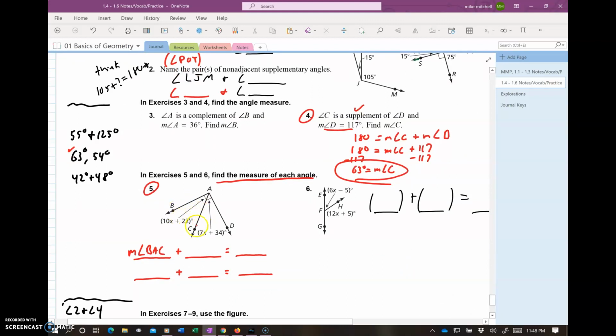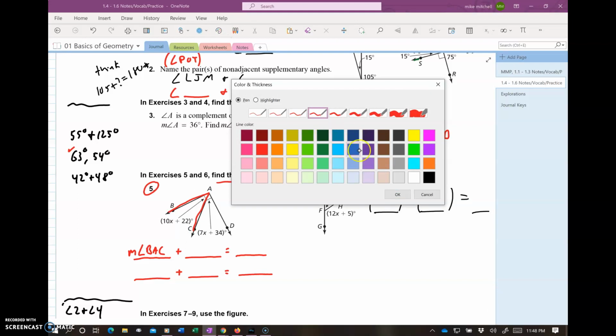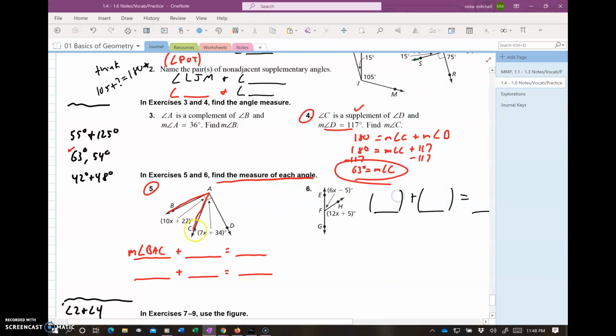Number 5 here. Measure of angle BAC. That's this angle here. It's going to add with this angle here. Oops, that shouldn't just be CAD.